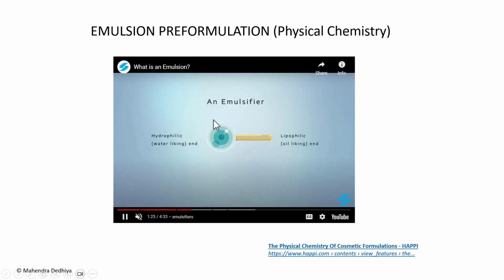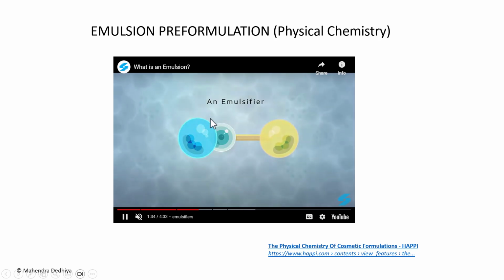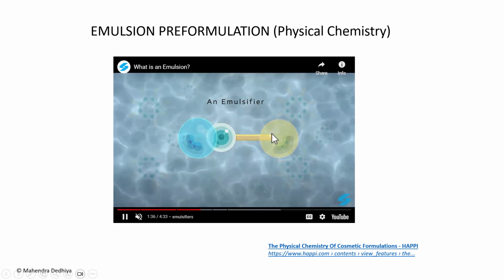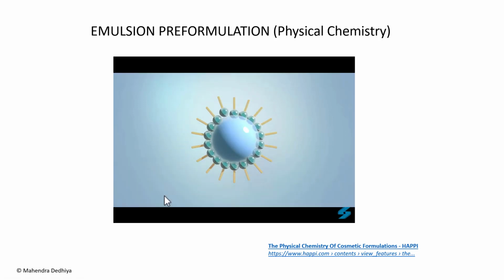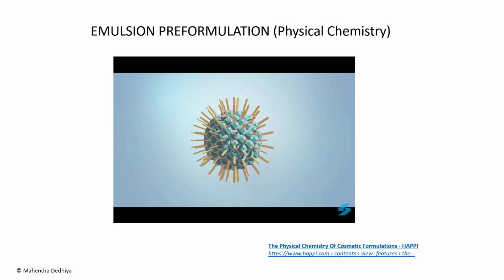Emulsifier has a hydrophilic group and a lyophilic group. The hydrophilic group is attracted to the aqueous phase, whereas the lyophilic group is attracted to the oil phase. And that's the mechanism for stabilization of emulsion.